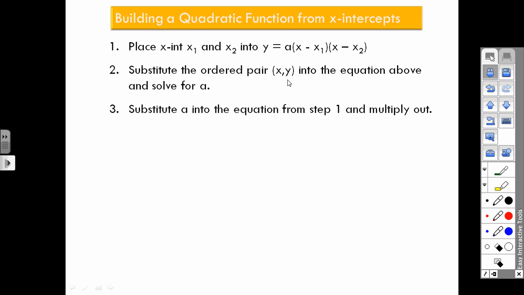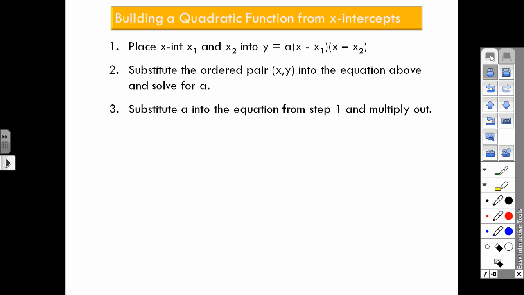You're going to take that 5 and 1 and plug it into the equation that you just started to build with the x-intercepts. So the x, the 5 that I had, would go here and here, and the 1, which is the y, would go there. Once you've plugged all that in, you should have enough information to solve for a.